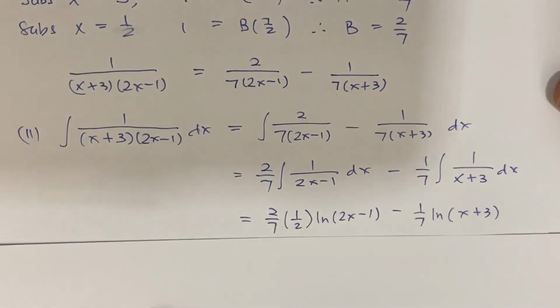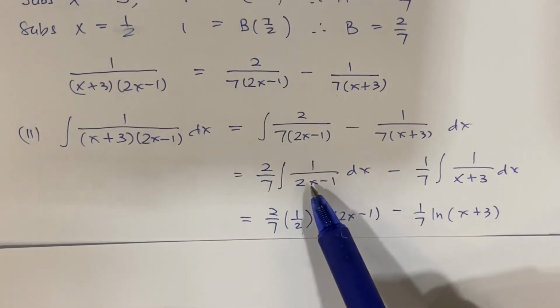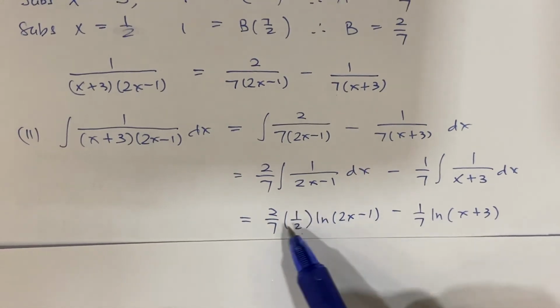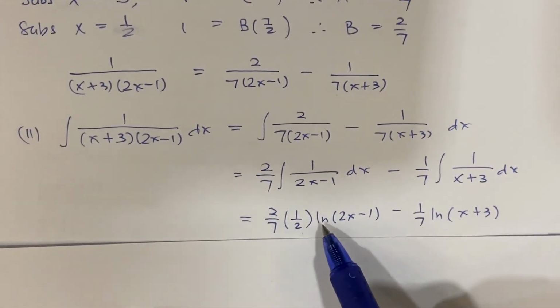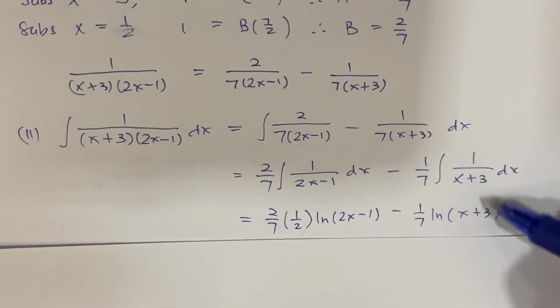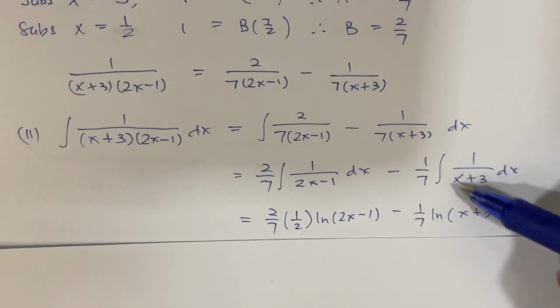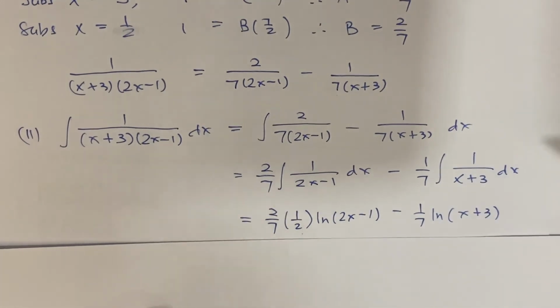But please take note, there's a factor half here. Why? Because this is ax plus b. A is 2, so we have to multiply by 1/a. So we have to multiply this ln(2x minus 1) with half. This one is quite simple, because this is 1/(x plus 3). The a is 1, so we have -1/7 ln(x plus 3).